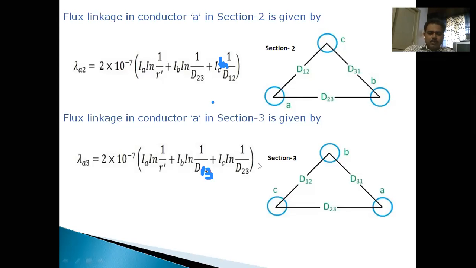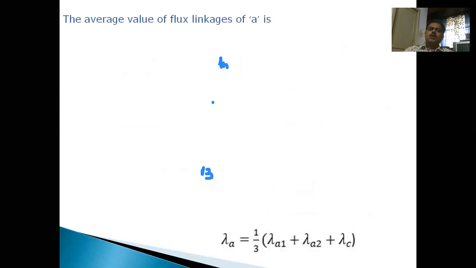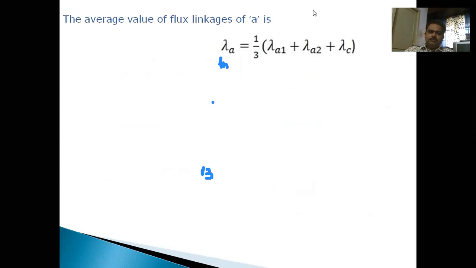Now the next step. Okay. Now the average value of flux linkage of A. If we observe, the average value of flux linkage comes around 1/3, since the entire length is divided into 3 sections.